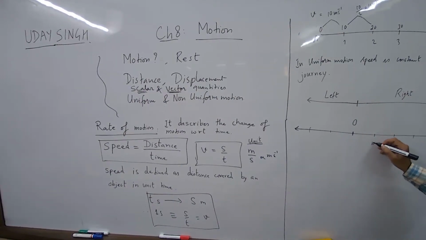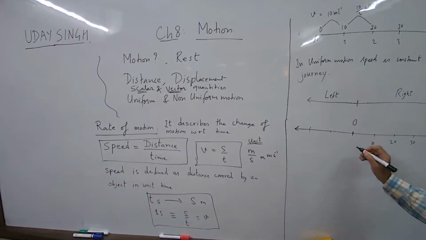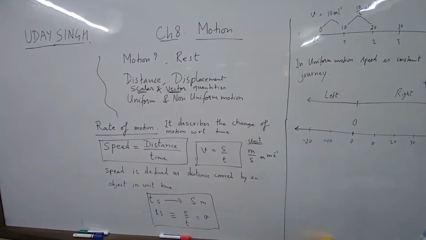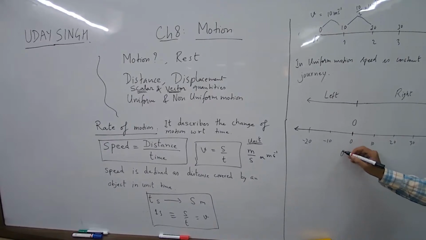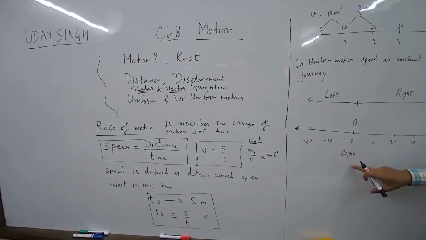And let's say this is 10, 20, 30, 40, and 50. This is 0, minus 10, minus 20. So this reference point is also called the origin. Whenever we measure distances, we need some reference, and if it is a scale, there also you see a 0. So 0 is the reference point, and it is called the origin.